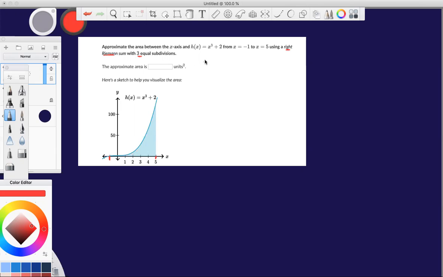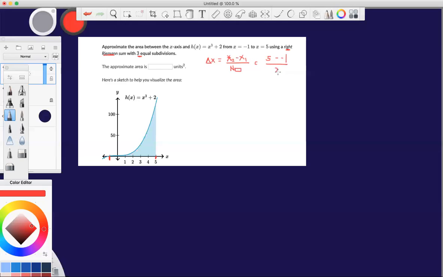So the formula for our delta x would be x sub 2 minus x sub 1 divided by the total number of equal rectangles. That gives us 5 minus -1 divided by how many equal rectangles? 3.